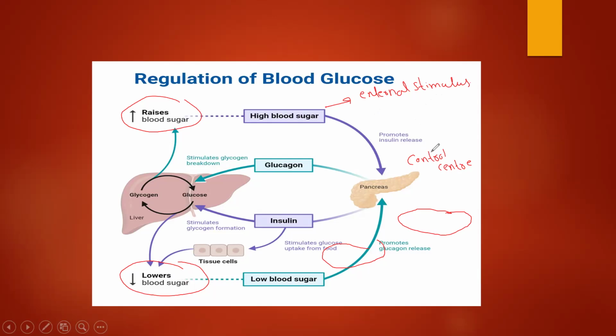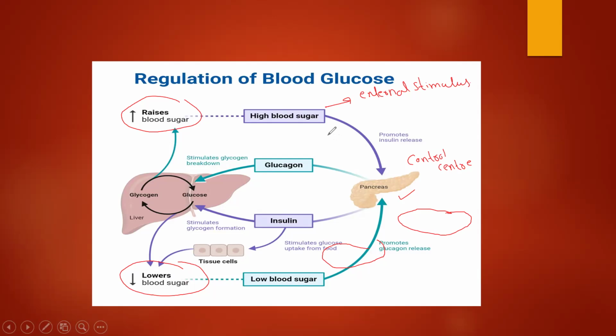As in the last class, we discussed the hypothalamus. The hypothalamus is a thermoregulator which works when the temperature rises. We did this in the last video. Here we are discussing glucose concentration and glucose regulation, so we are not discussing the hypothalamus. Here we are discussing the pancreas.